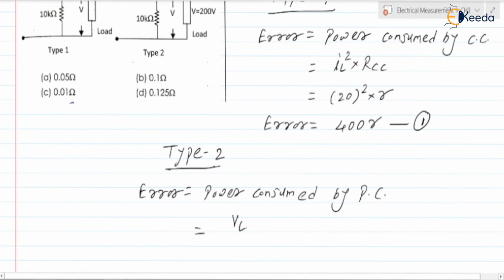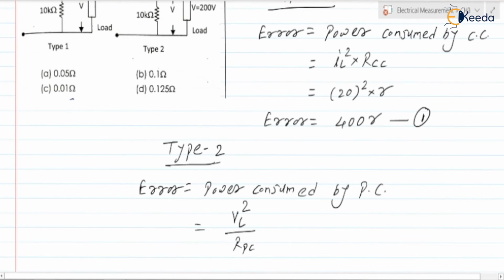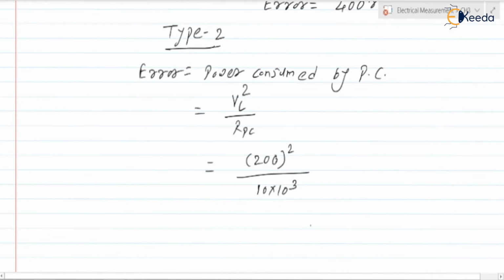It is equal to VL square divided by RPC. What is VL? 200. And RPC is given. It is 10 kilo ohm. So it is equal to 200 square divided by 10 into 10 to the power 3. So if you check, it is equal to 4. This is the error.